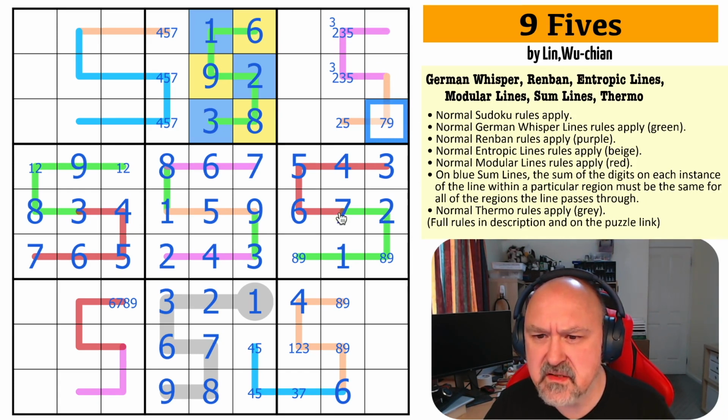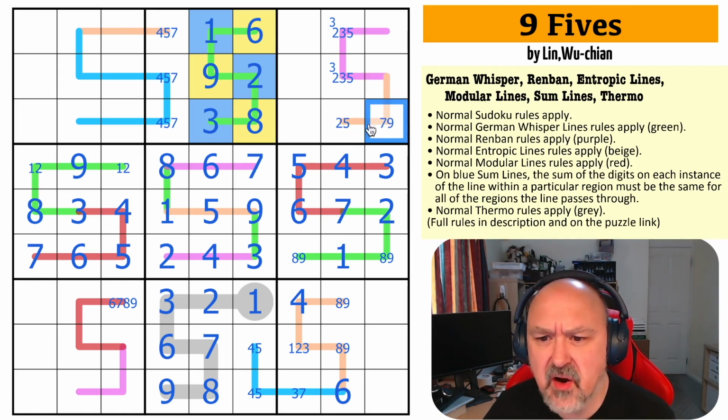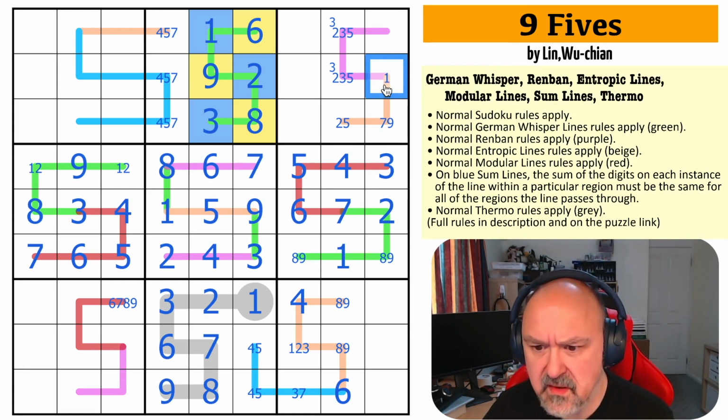But oh no, I can't put 3 on the entropic line. But this is the high digit. So this has to be low or middle. If it's low, it's 1. If it's middle, it's 4, 5, or 6.